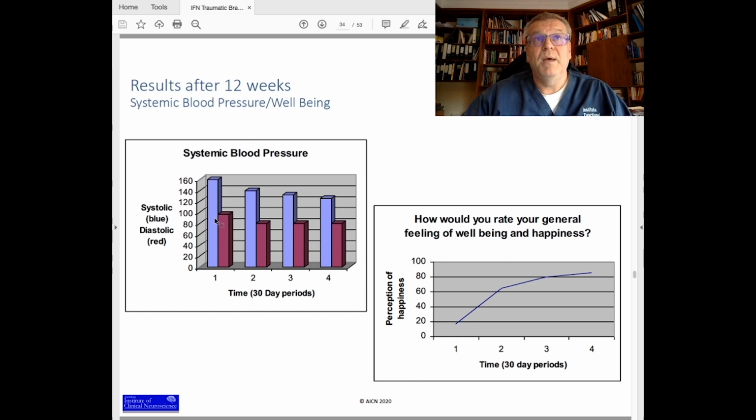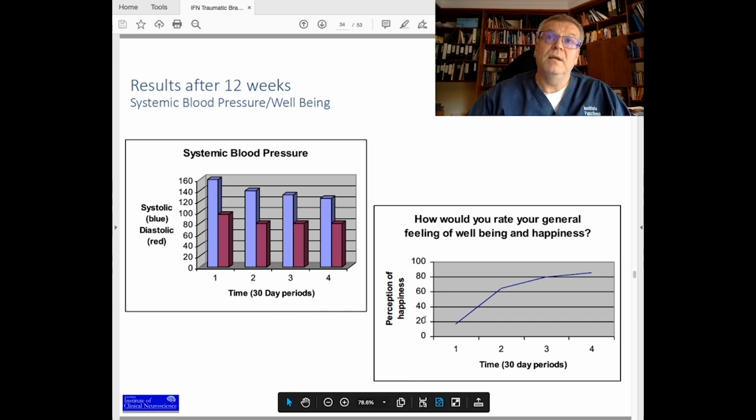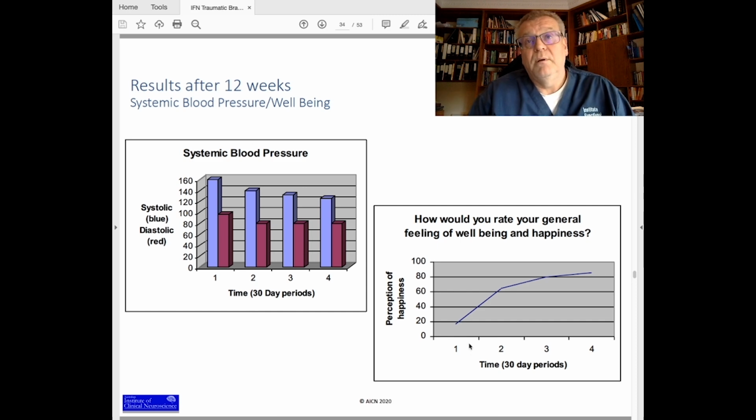And we suspect this was because the brain injury was involving his autonomic function, which caused his blood pressure to go up. And as we corrected his brain function, his blood pressure moved back into the normal range, 120 over about 78. Now this is another interesting aspect of this person's presentation, because we talked about how concussion can involve emotional components.